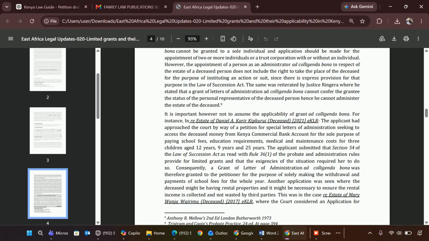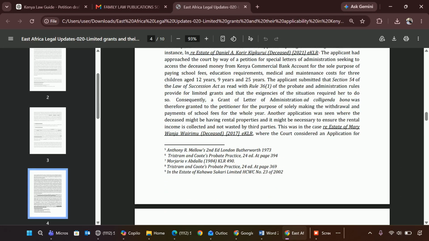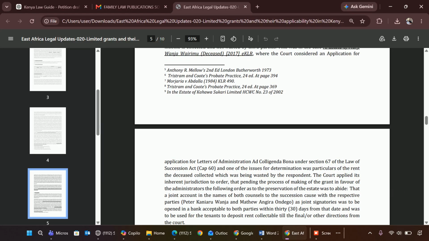Another application was seen where the deceased might have rental properties, and it might be necessary to ensure the rental income is collected and not wasted by third parties. This was in the case of Re Estate of Mary Wanja Wairimu 2017, where the court considered an application for letters of administration ad colligenda bona, but this time under Section 67 of the Law of Succession Act.